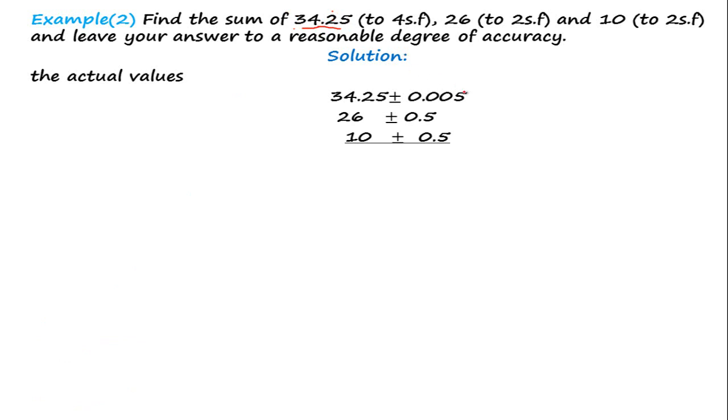If you have two decimal places, the maximum error will be 1/2 of 1/100, because this 100 signifies two decimal places.